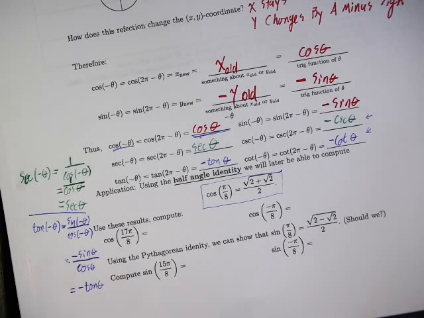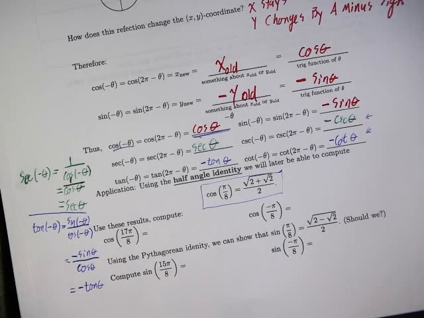I'll drop the buzzword half-angle identity if you like. As a consequence, as soon as you go home, you can look up the half-angle identity because you just have the book. But let's use it. So the cosine of pi over 8 is the square root of 2 plus the square root of 2 all over 2. So how can you compute the cosine of 17 pi over 8?